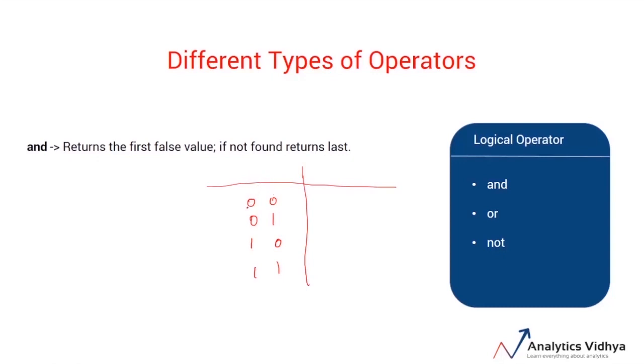In a computer, 0 represents false and 1 represents true. Let's work through this exercise. The result of the AND operator on the first one, 0 and 0: since both are false, the AND operator will return false. 0 and 1, in this case too, the AND operator will return false. For 1 and 0, the AND operator will return false. 1 and 1, since both the inputs are true, the AND operator will return true.